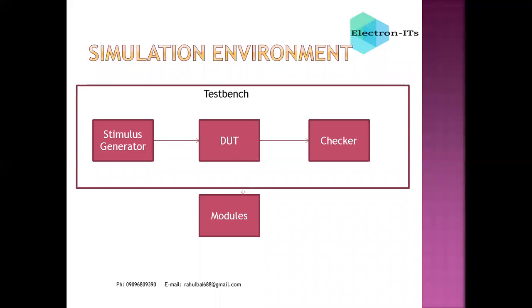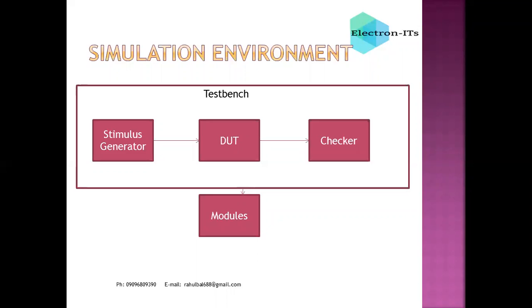Then we'll discuss simulation environment. It consists of test bench and models. In test bench, we have multiple units like stimulus generator, then design under test, and checker. Stimulus generator is a unit which will generate a stimulus which we have to provide to design under test.